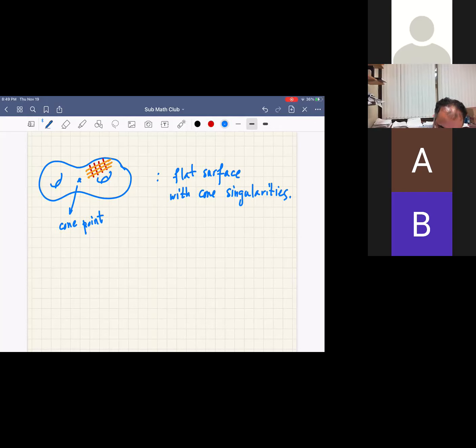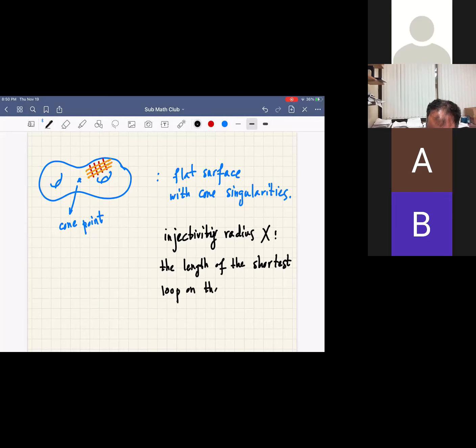For each one of these surfaces, we can first think about the injectivity radius. So let me write it here. The injectivity radius of the surface, let's call it x, is the length of the shortest loop on the surface.